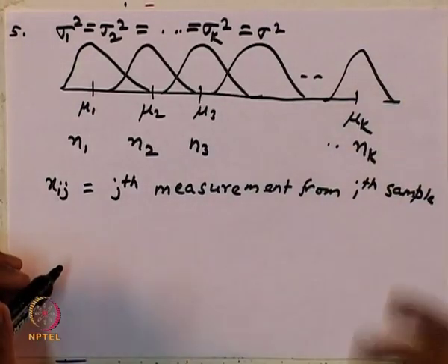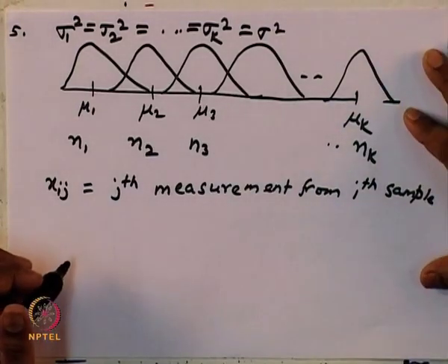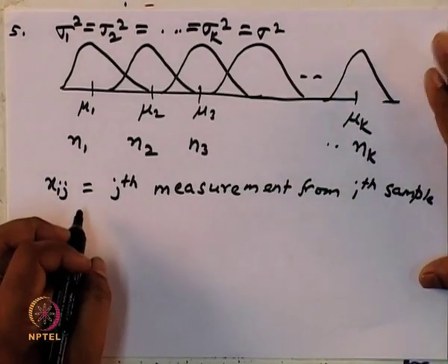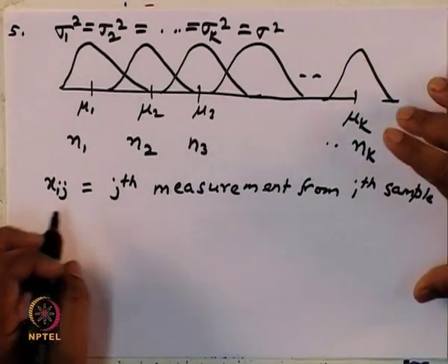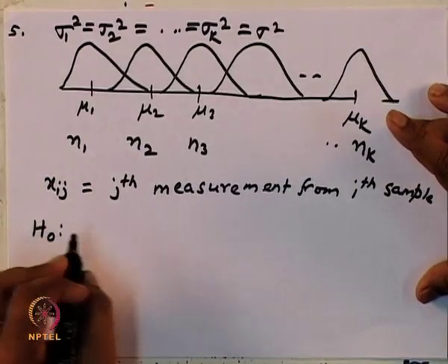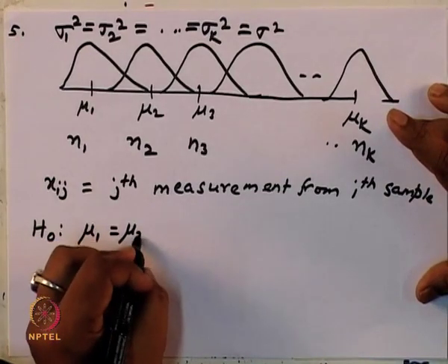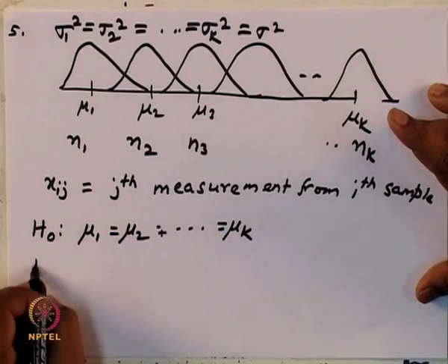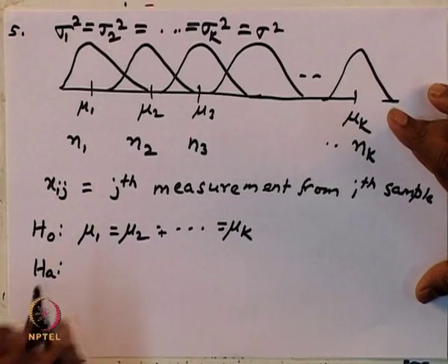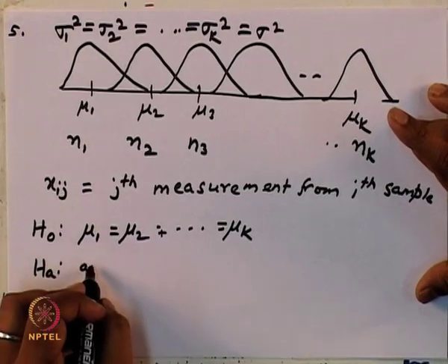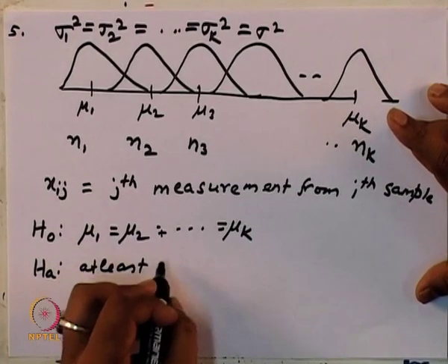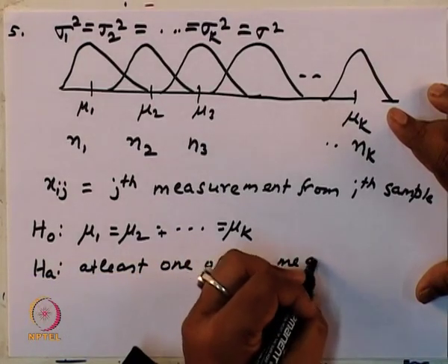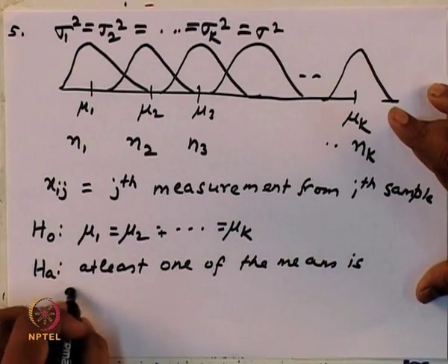Okay. So, you want to test the hypothesis that mu1 equal to mu2 equal to mu3, and so on and so forth. So, your null hypothesis is mu1 equal to mu2 equal to muk, and the alternate hypothesis is that at least one of the means is different.